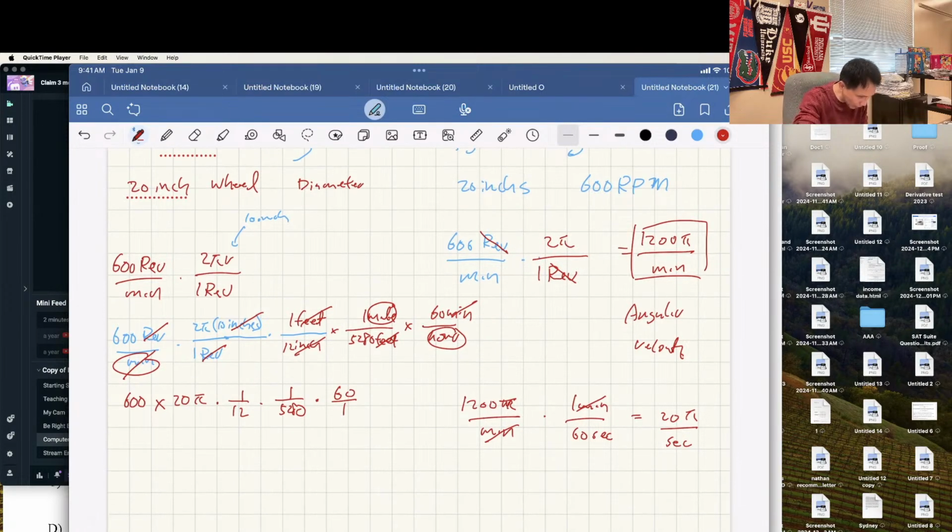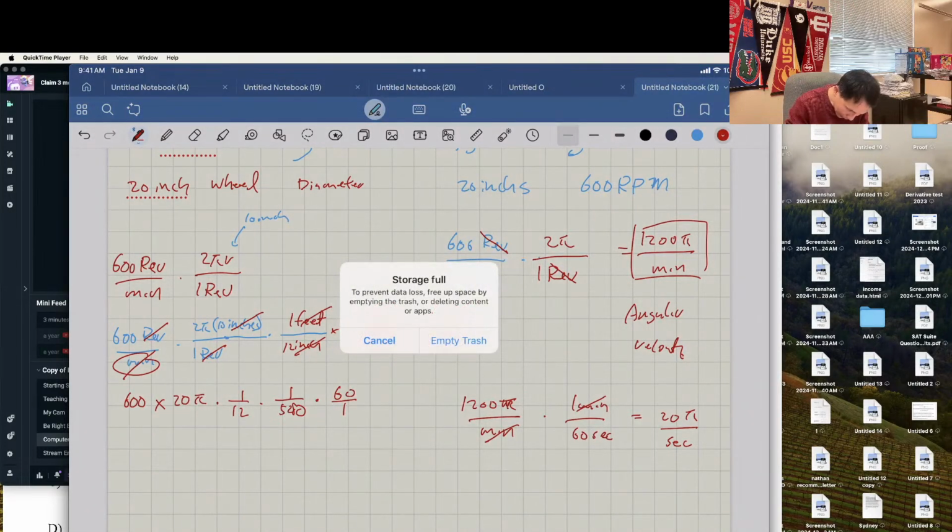I'm going to use a calculator here so that way I can see. So it'll be 600 times 20 pi divided by 12, divided by 5,280, and times 60.